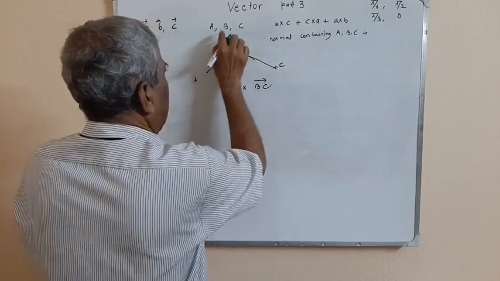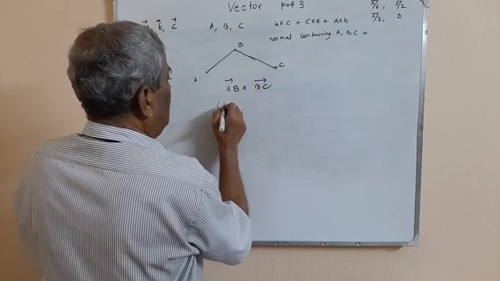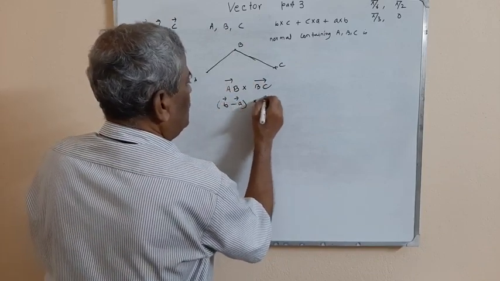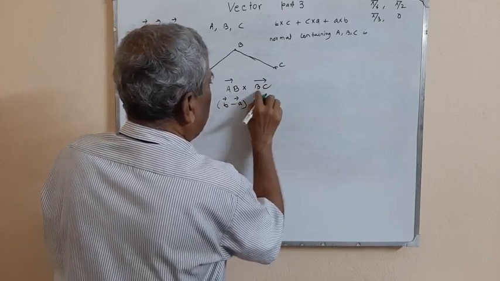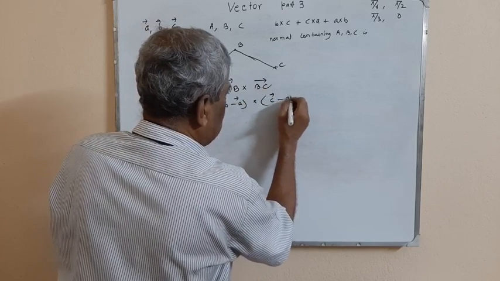AB vector is the position vector of B minus the position vector of A. It is B minus A, cross the BC vector. BC means the position vector of C minus the position vector of B.